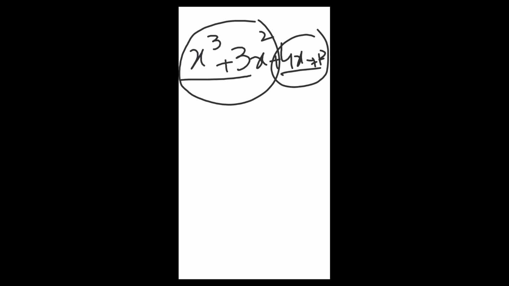Okay. So first you'd write the x outside the brackets. If I write x outside the bracket, then you'd have x squared, because x multiplied by x squared will get you x cubed. Then you add 3x.